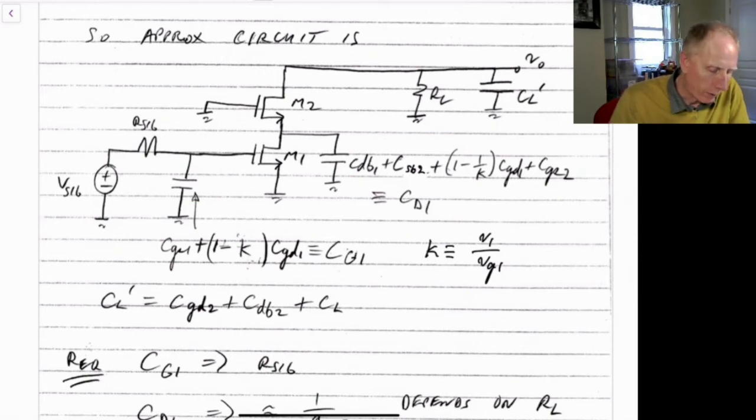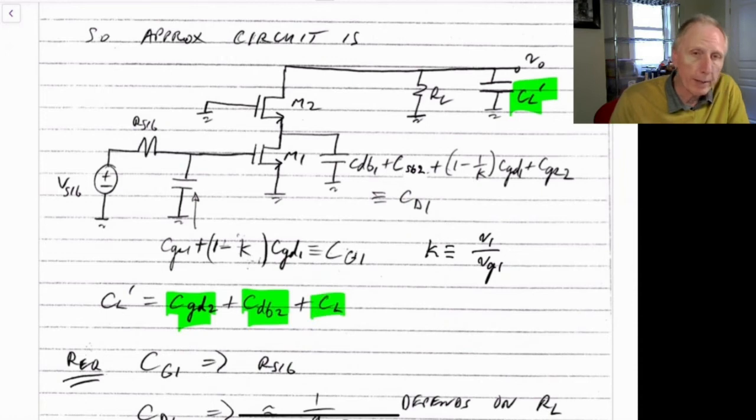So let's start off with CL prime. CL prime will be C gate to drain of 2 plus C drain to bulk of 2 plus the load capacitance that we have here.